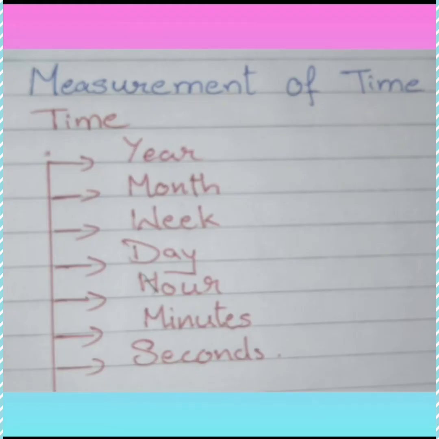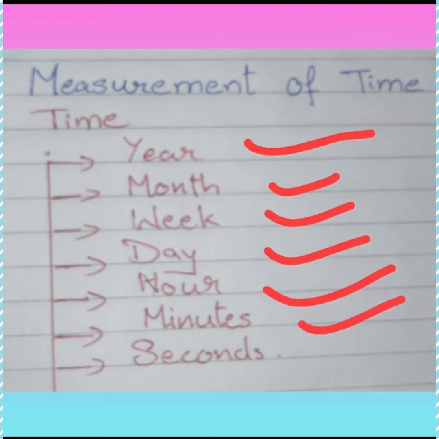To organize our life, we need to measure time. Some of the units I'm telling you: year, month, week, day, hour, minutes, seconds. According to the given units, we can say second is the smallest unit of time.